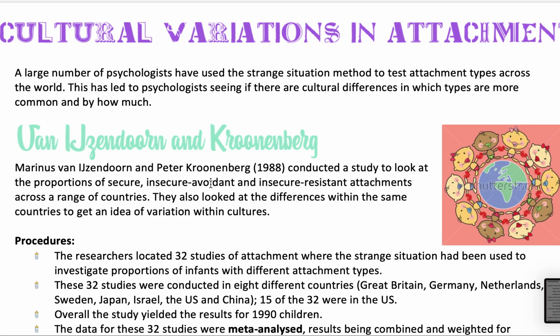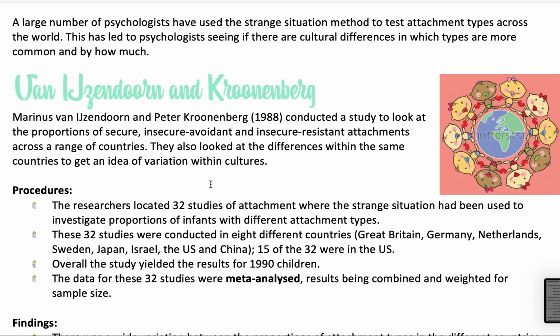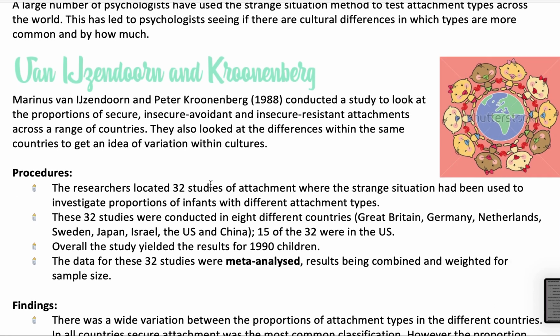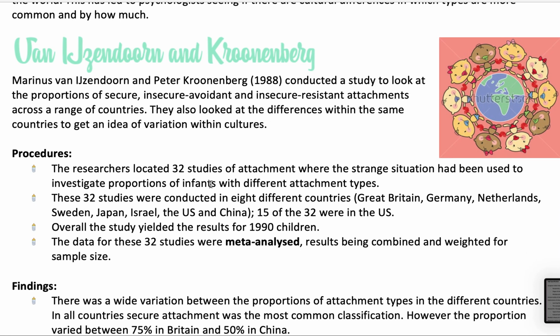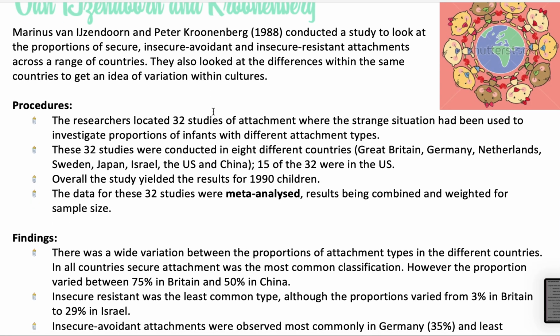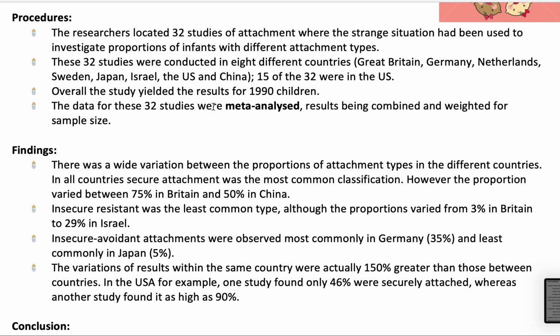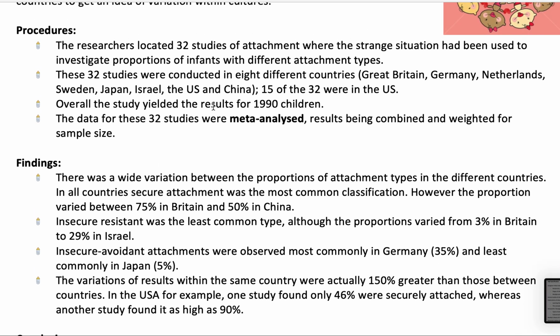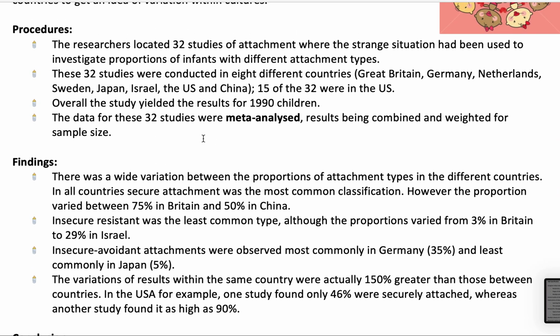Cultural variations. So Van IJzendoorn and Kroonenberg did a large-scale meta-analysis, 32 studies, 1,990 children over 8 different countries, and they were looking at whether there were variations in the attachment styles, but they did find globally that the most common attachment style was secure.